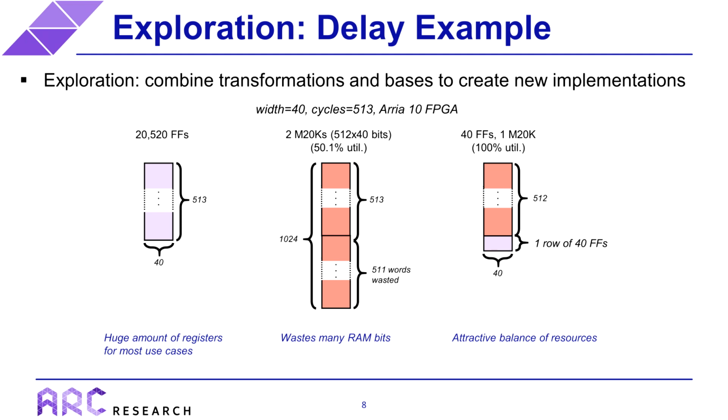In this rightmost example, the Design Space Explorer would apply the depth splitting transformation to create one delay of 512 cycles and a second delay of 1 cycle. For the 512 cycle delay, the Explorer would map it perfectly onto an M20K base to get 100% utilization of the RAM bits, while using 40 extra flip-flops to implement the 1 extra cycle of delay.